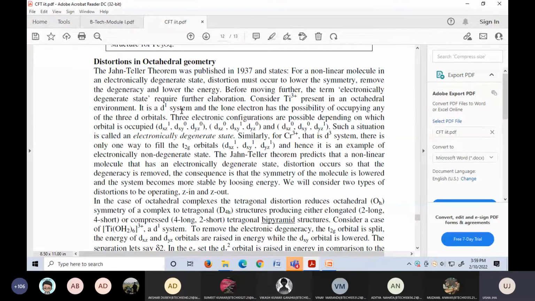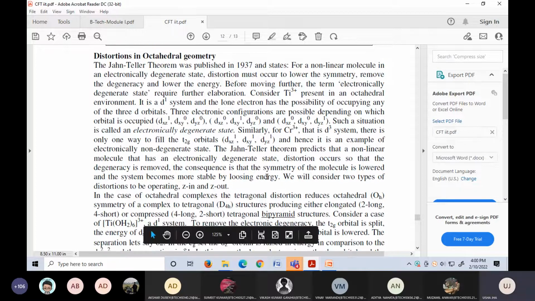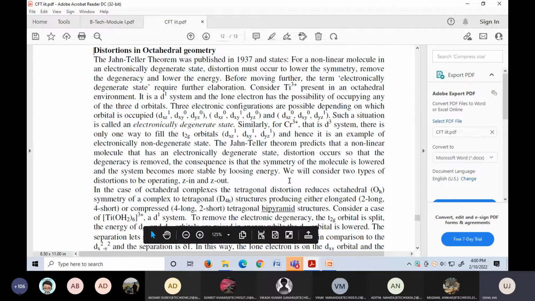That causes the ligand to shift a little bit away from the electrons. So it moves away. If it moves away, then this becomes lowered in energy, and the others as a consequence will become higher in energy. The amount that this gets reduced, this will get increased in energy. That way, the stability of the system is improved. So they lose energy and they become stable.